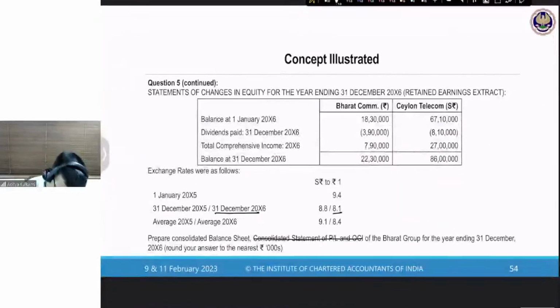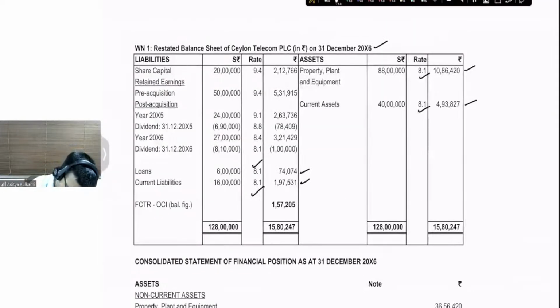The rate on the date of acquisition is 9.4. So I am converting the share capital at 9.4. Same goes for pre-acquisition retained earnings, because you are purchasing these reserves.